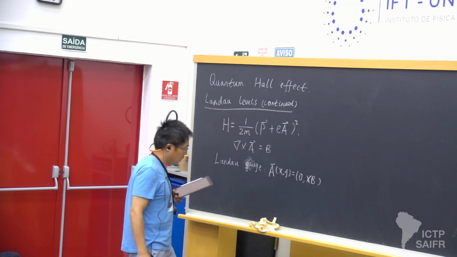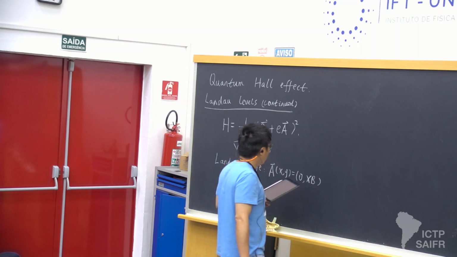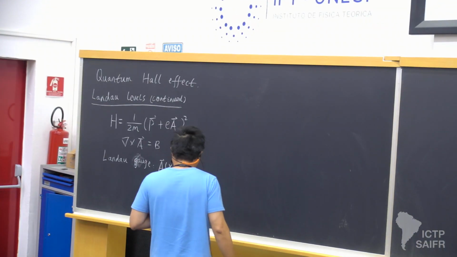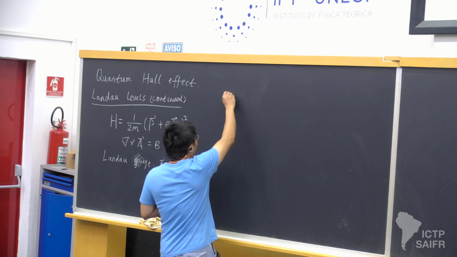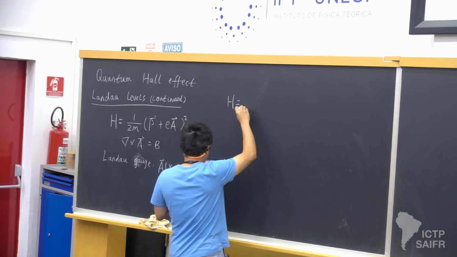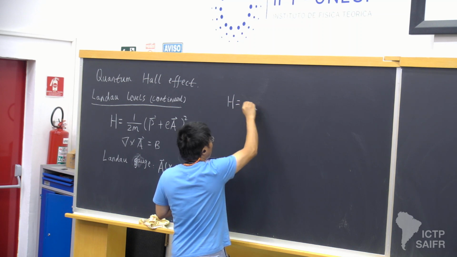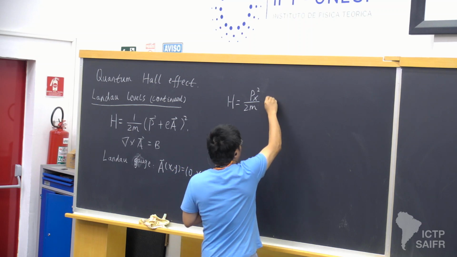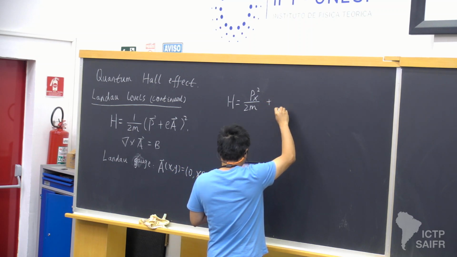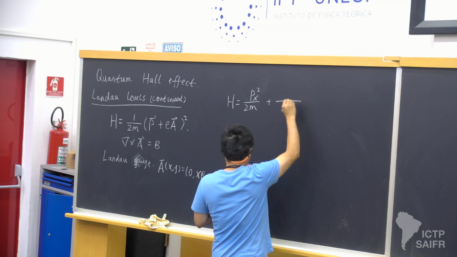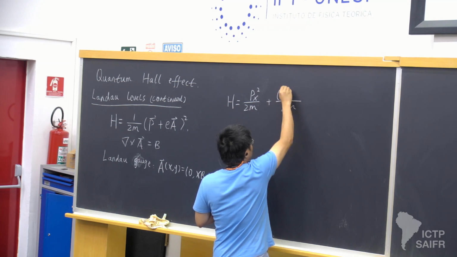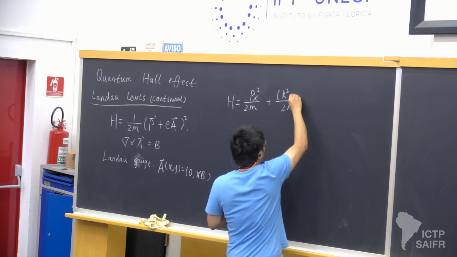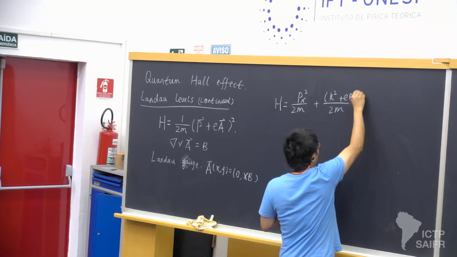So then you can easily find that this Hamiltonian turns out to be a harmonic oscillator, which is really just p_x squared over 2m plus the term with k, where k is the momentum along the y direction, plus x squared.